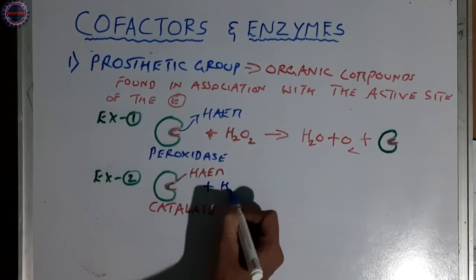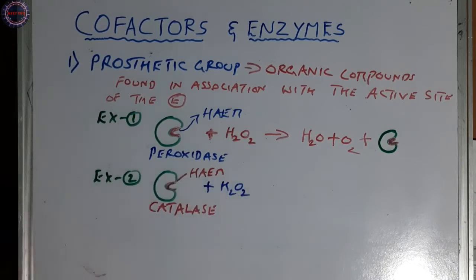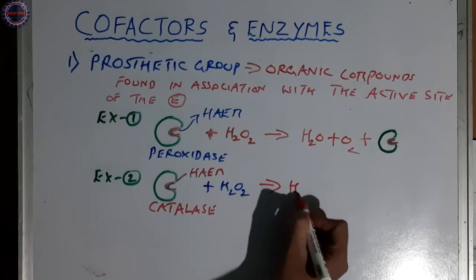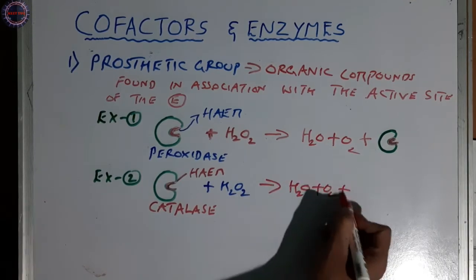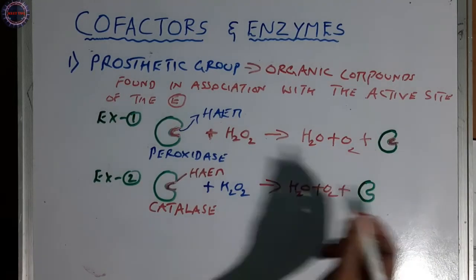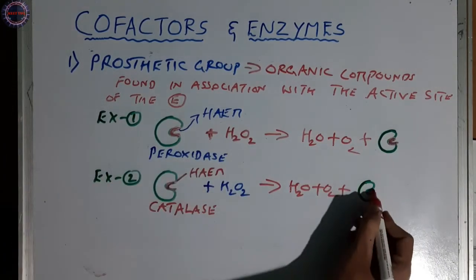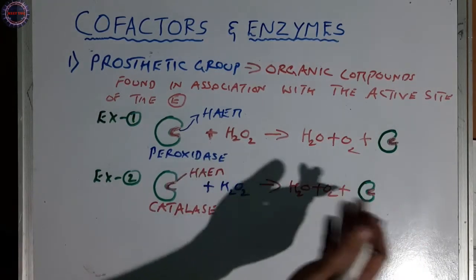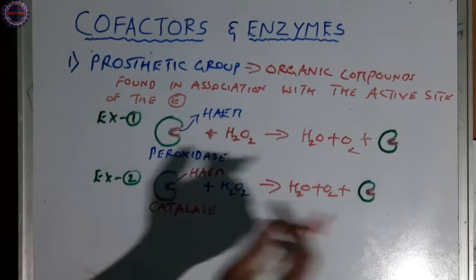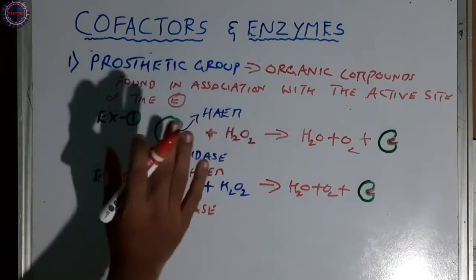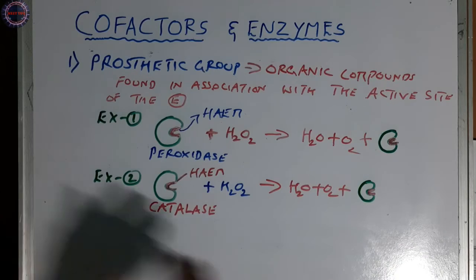They are going to bind to this fellow, H2O2, and then produce the same product. After producing the product, what is happening to the enzyme? Nothing. See, the red fellow is still associated with this enzyme. Got it? So it is a holoenzyme. Got it? So this is actually the prosthetic group. Hope you understood this.